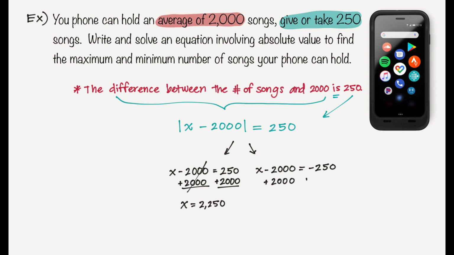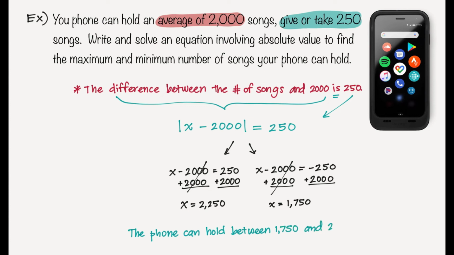When I add 2,000 to both sides of the second equation, I find that x could equal 1,750 songs. So what this is really telling me is that the possible number of songs that could fit on my phone could be between 1,750 songs and 2,250 songs. So it would be somewhere in between those two numbers. That's the minimum and the maximum number of songs.